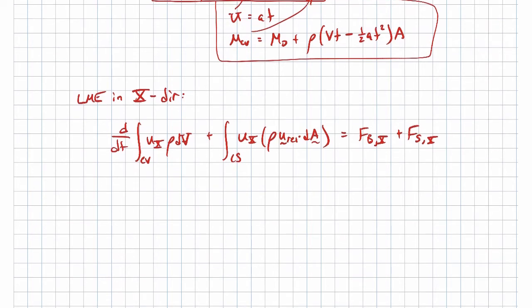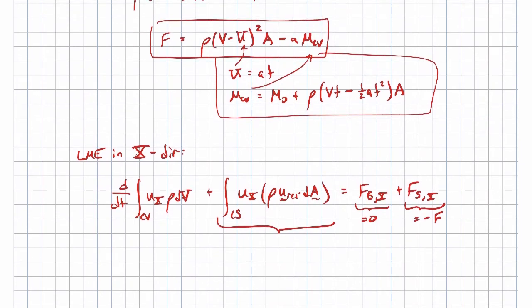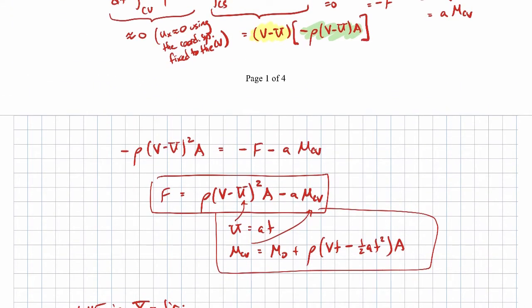Let's start with some of the easy terms. The body forces in the x direction are 0. Surface forces in the x direction are still minus F. Let me evaluate this momentum flux term. This is where the x linear momentum crosses into or out of the control volume, the x velocity of stuff crossing our control surface. Now remember, this is with the velocity relative to our capital X coordinate system.